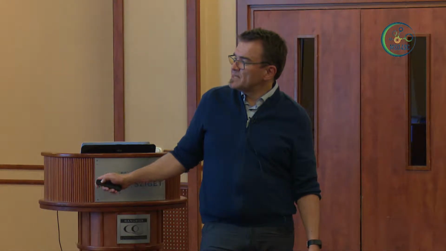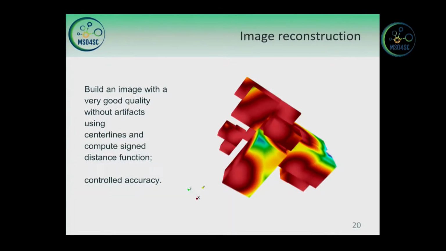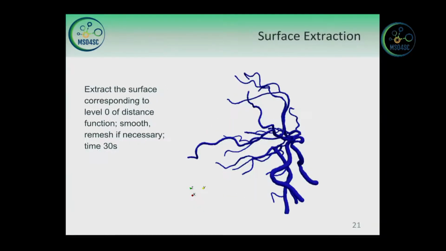And using the 3D image, here it's a data structure that we use to localize the vessels very efficiently, to do the segmentation afterwards and evaluate the distance function that we build in an efficient fashion. Once we have done this, we extract the level 0 of the distance function, and the level 0 is actually a level set which provides you the boundary, the lumen, that is the interior boundary of the vessels, the vein or artery.